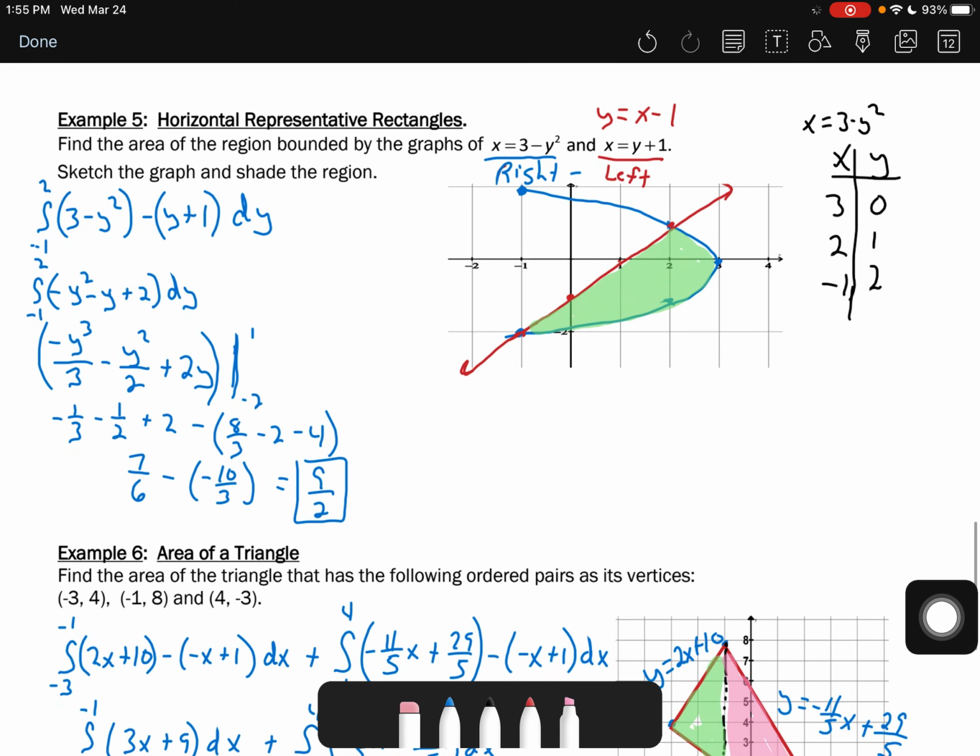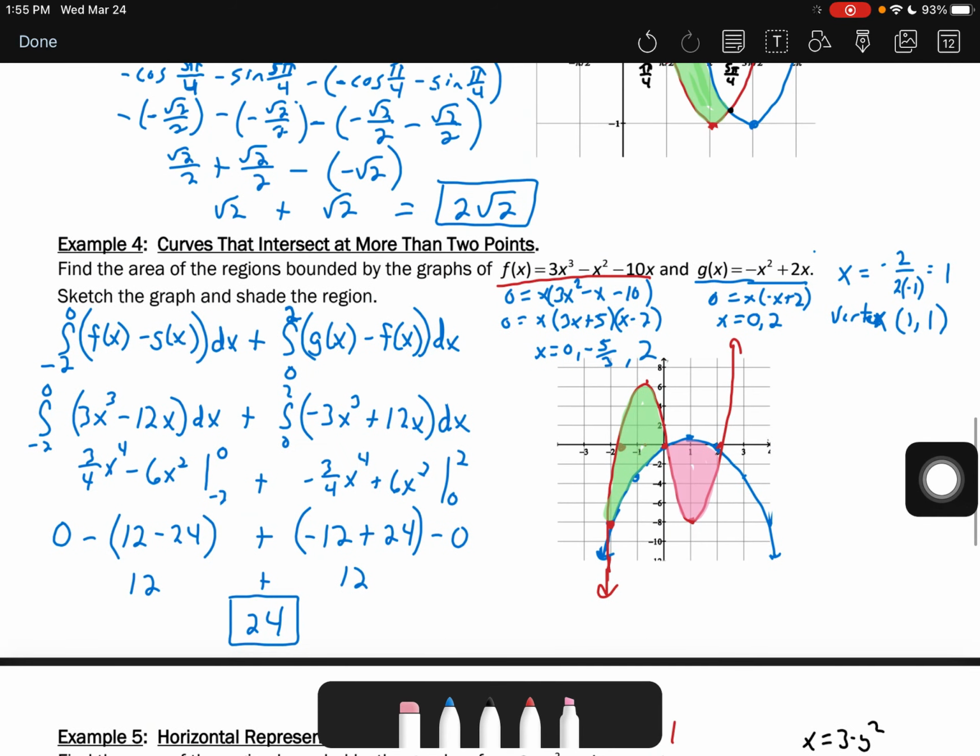In this example, the thing that's a little different about example 5 is that it says horizontal representative rectangles. All these other ones, I didn't talk too much about the representative rectangles, but what they mean is the distance between the two curves, and when we subtract the top minus bottom, f of x minus g of x, that's giving us that distance.